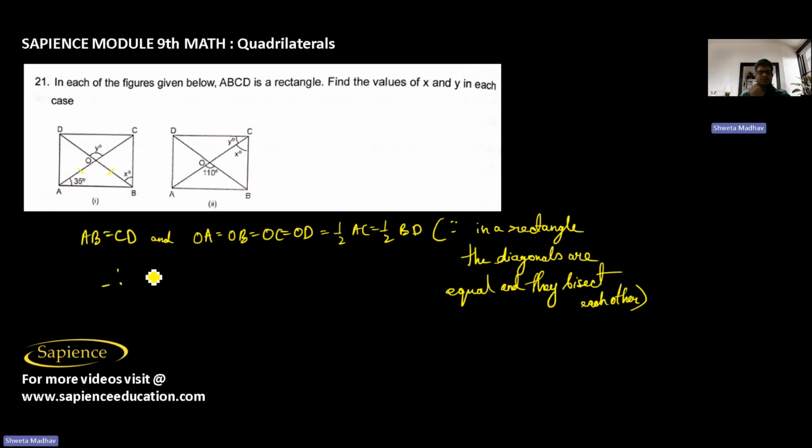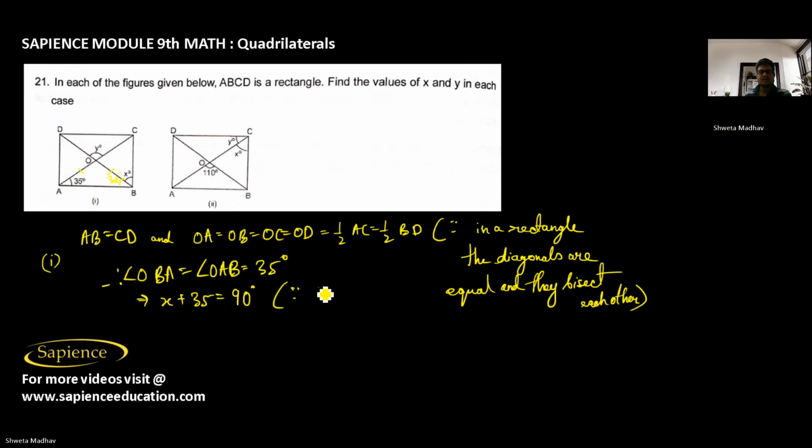So now we can say that angle OBA is equal to 35 degrees for the first subpart. So now x plus 35 should be 90 degrees, since angle B is 90 degrees, as all interior angles in a rectangle are right angles.